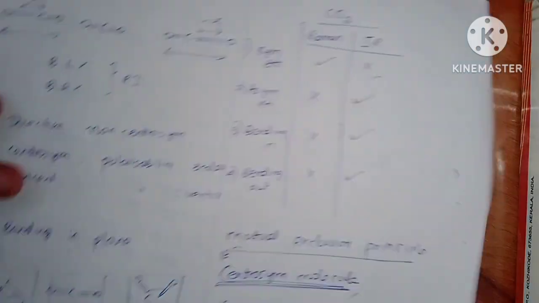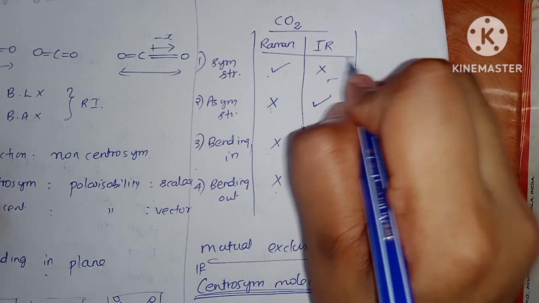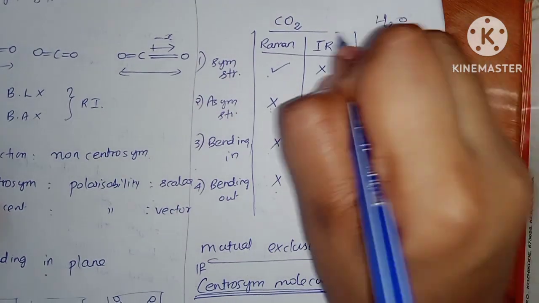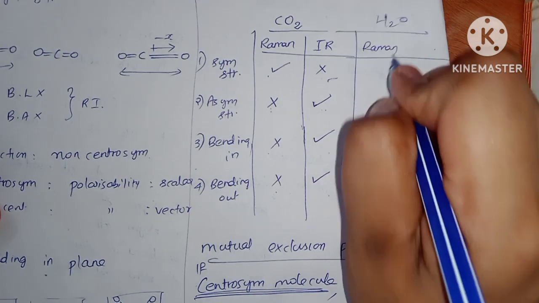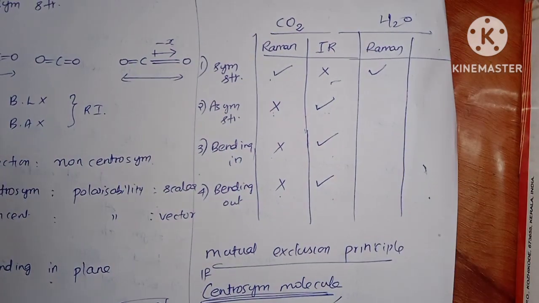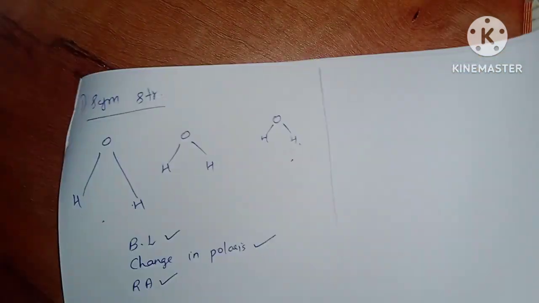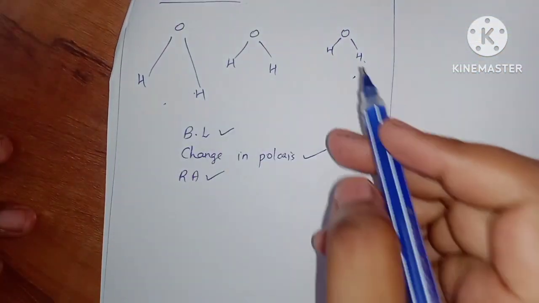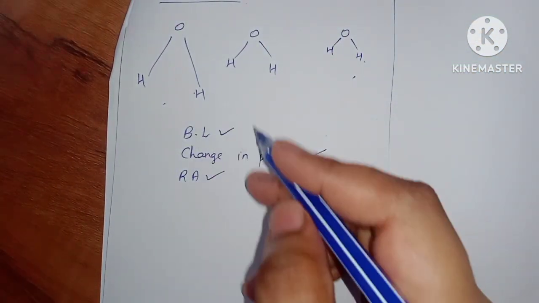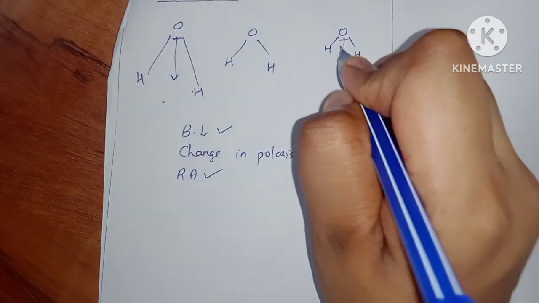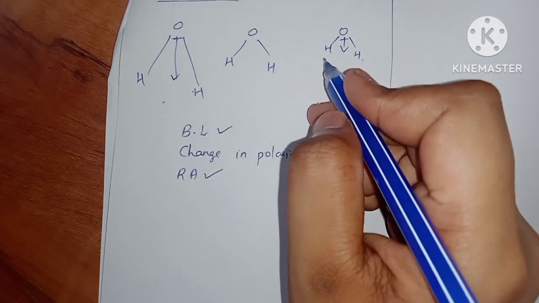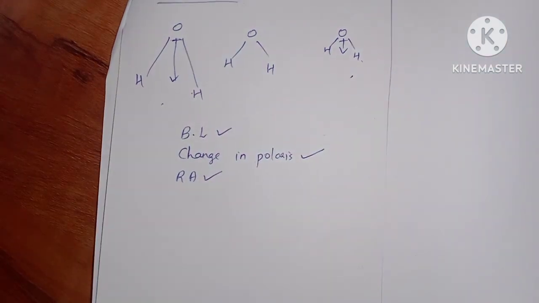So if we also consider this comparison for the H2O molecule, we found that the symmetric stretching mode of the H2O molecule is Raman active. Now let's also consider vibrational activity in IR. Here the dipole moment is towards downwards, here also downwards, but the magnitude is changing. That means there is a change in dipole moment.